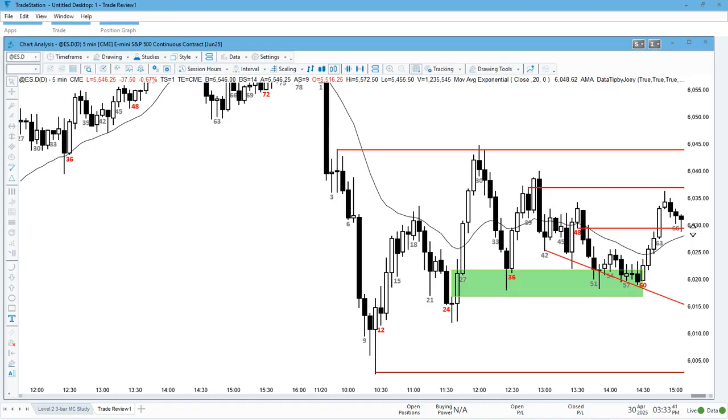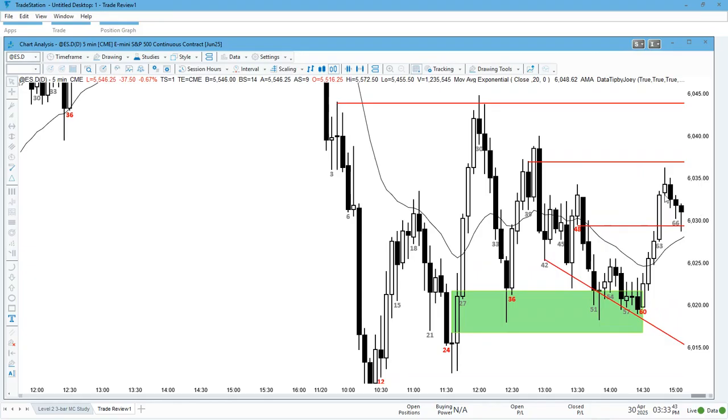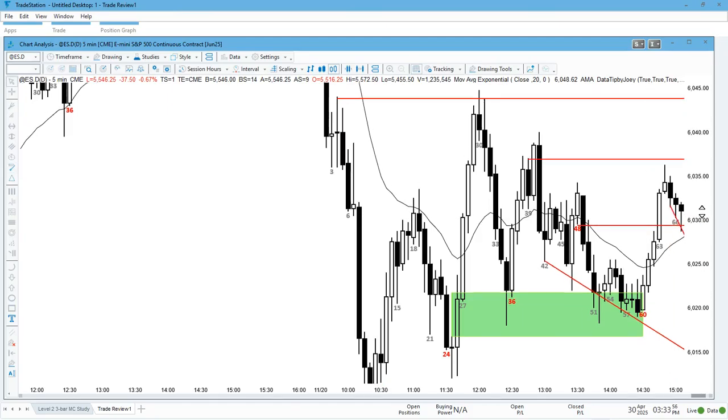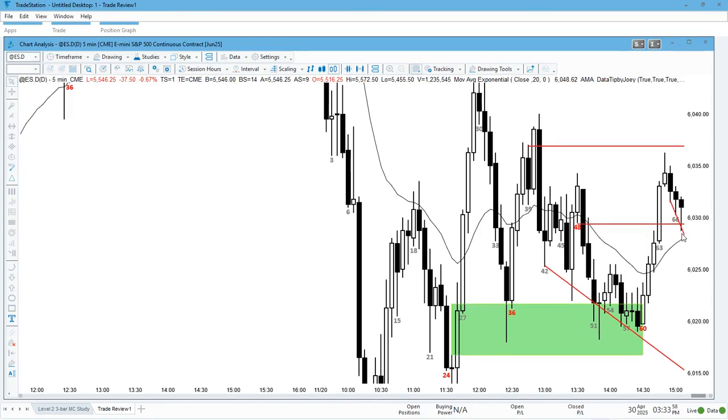And then look at bar 67. So we have 3 pushes down, 1 pullback, 2 pullback, 3 pushes down. If we looked at a smaller time frame, bar 67 is breaking out below a bear channel line.